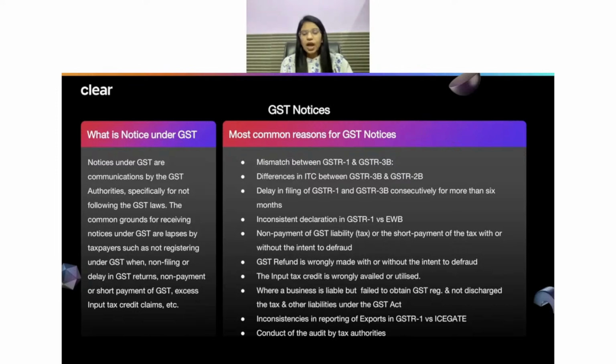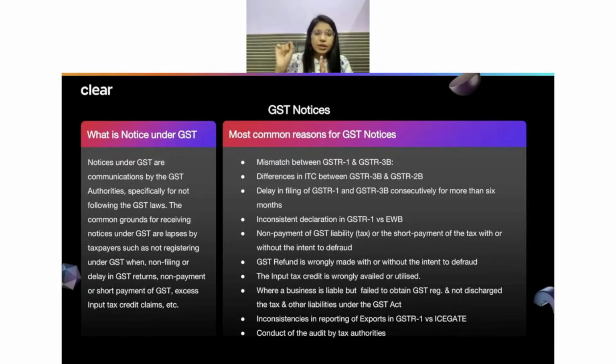Okay. So now, if you ask me, can I avoid the notice for GSTR-1 and 3B? I would say yes, you can avoid that notice. Because I could see there was one example from Aman also. He said, what about the RCM? We know that there is an RCM liability also, but RCM liability is never reported in GSTR-1, it is reported in GSTR-3B.